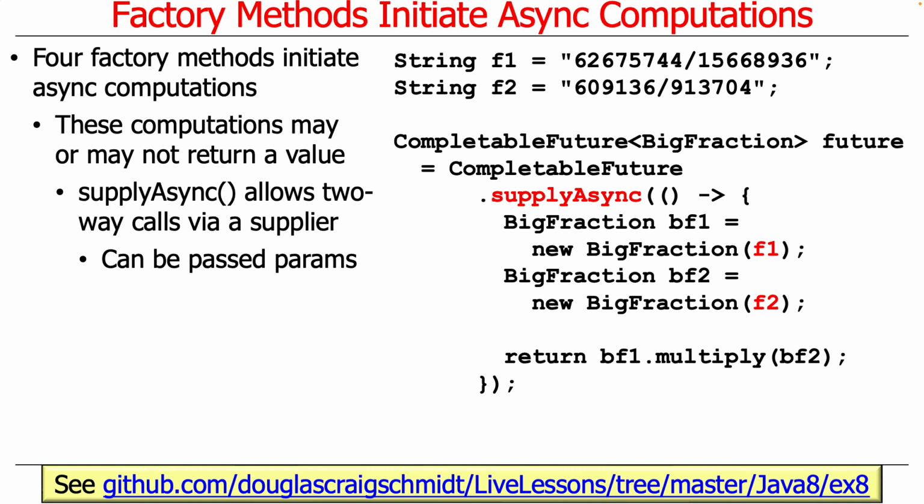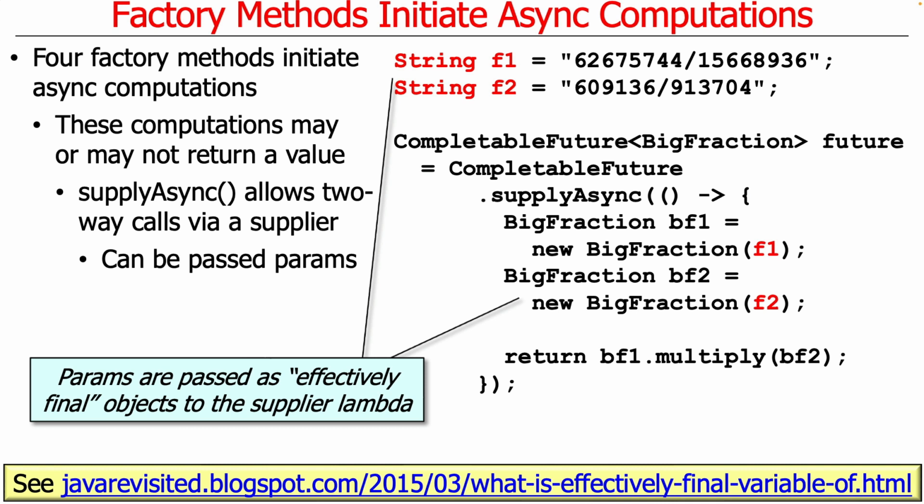The other thing you can do, even though it looks at first glance like you can't pass parameters because supplier doesn't, quote, take parameters, in fact, you can pass parameters by using this type of technique, where you can see we have F1 and F2, which are strings, and we pass them in here into the call to supplyAsync. And this is commonly known as effectively final objects.